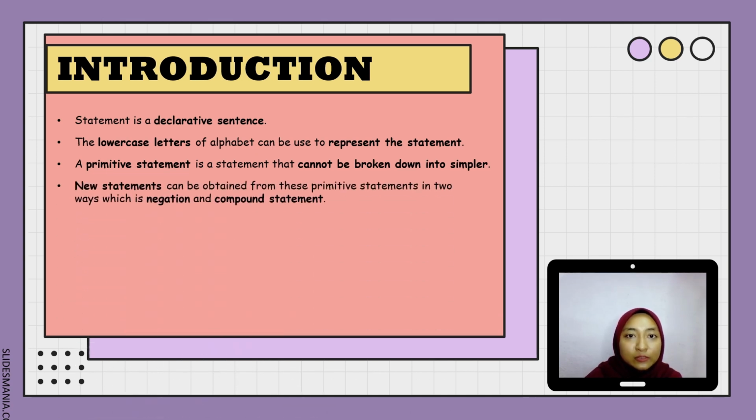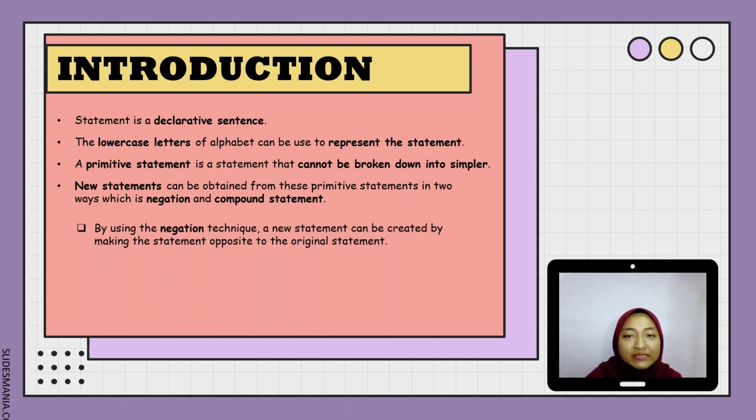A new statement can be obtained from primitive statements in two ways, which are negation and compound statement. By using the negation technique, a new statement can be created by making it opposite to the original statement. And a compound statement is a combination of two or more statements using logical connectives.